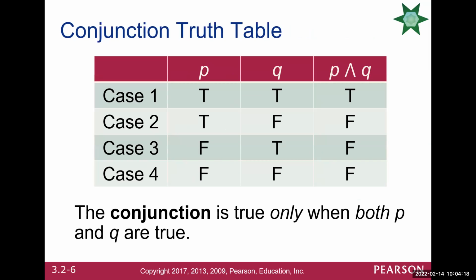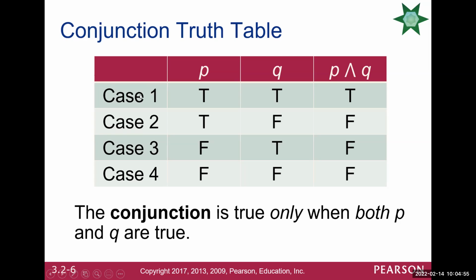Now here is the truth table for a conjunction connective. So if you notice case 1, 2, 3, and 4, the P statement and the Q statement, this is all the exact same from the previous slide. Now over here on the first row, fourth column, you notice you have P and Q. So what they're going to teach us now is what happens whenever you take the conjunction of these two statements given these different cases.